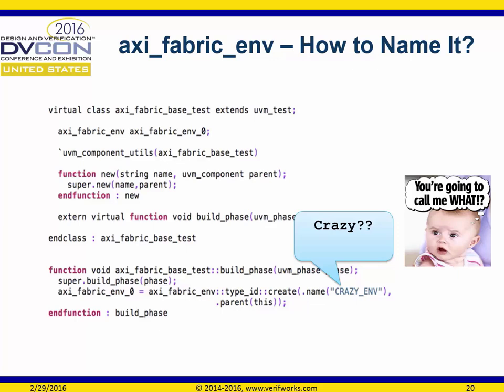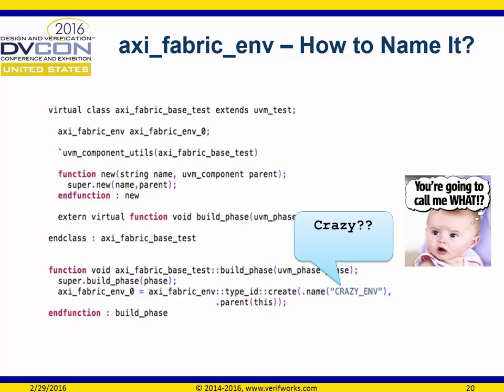The top-level test case has an instance of the environment called AXI Fabric env0. And then during the build phase for the test, he calls super.build, and then he creates the AXI Fabric environment using the factory pattern, but he gives it a different name called crazy env. Notice that this name is something new. It doesn't look like what you're normally used to. So this AXI Fabric env0 now has a name, crazy env.